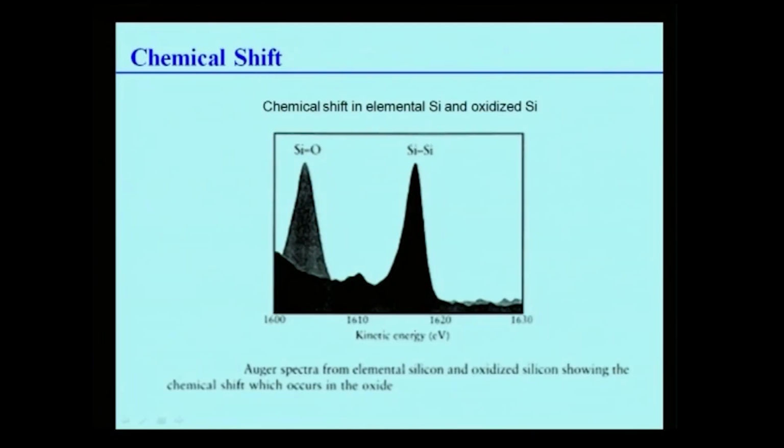To give you a much better perspective on how the chemical shift is observed in Auger, I am not discussing the exact physics behind the chemical shift because I have done that in XPS. The theory is the same whether it is for XPS or Auger. The only thing I am describing here is how these chemical shifts can be used to detect a particular type of chemical bonding or electronic configuration.